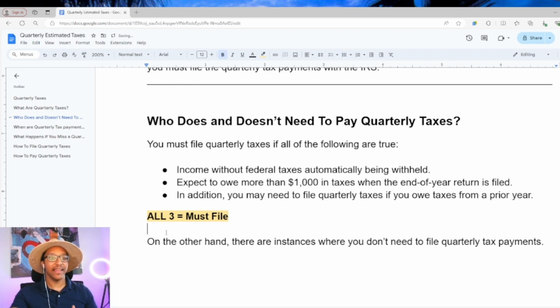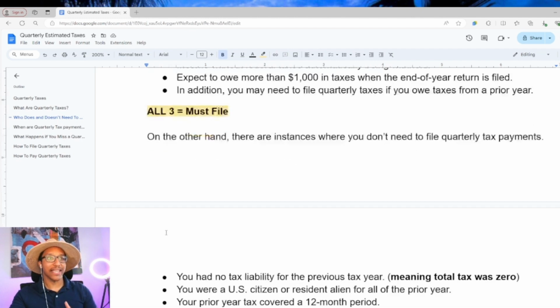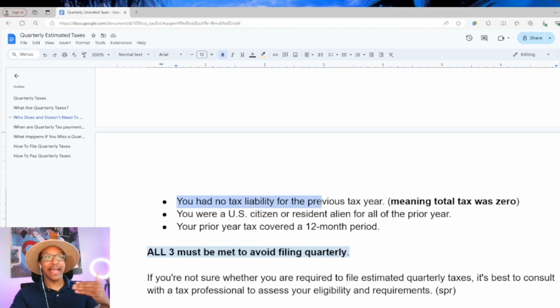On the other hand, there are some instances where you don't need to file quarterly tax payments. One, you had no tax liability in the previous year, and this means zero total tax, zero. You were a U.S. citizen or a resident alien for all of the prior year.